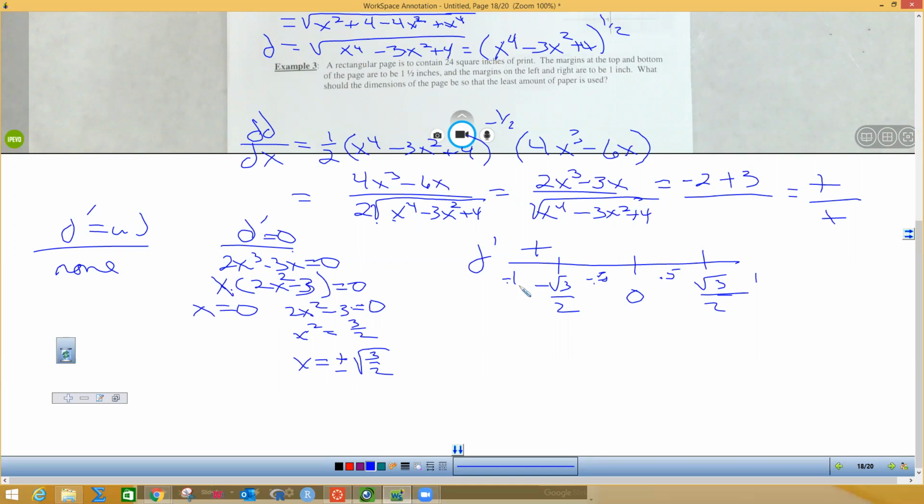Let me make sure I got the right number here. So let's see, negative 1 cubed is negative 2, and that's 3, so that's a positive. And down here, you can't do a negative here. This doesn't exist.